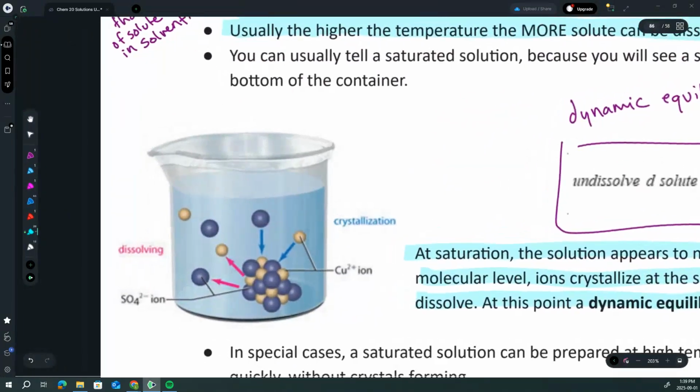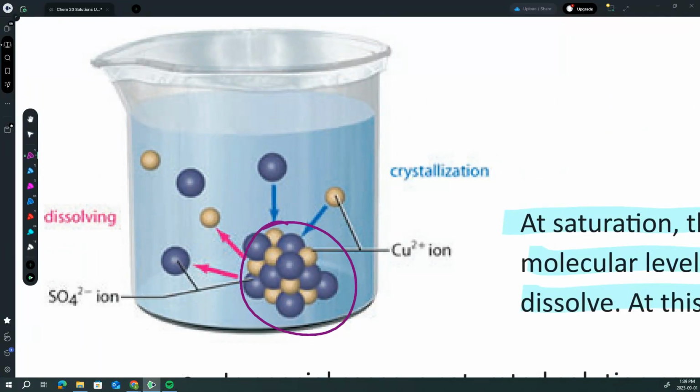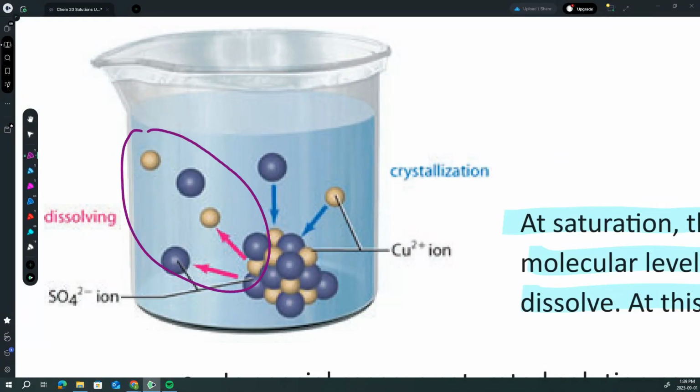Okay, so off to the side here, we have a little picture. This part right here is our solid solute, which looks like it's going to be copper(II) sulfate. And going off this way, that's showing that it is dissolving, breaking apart into its ions.